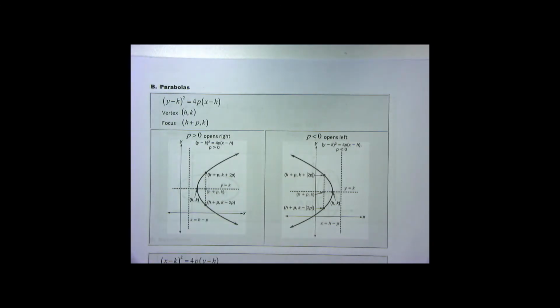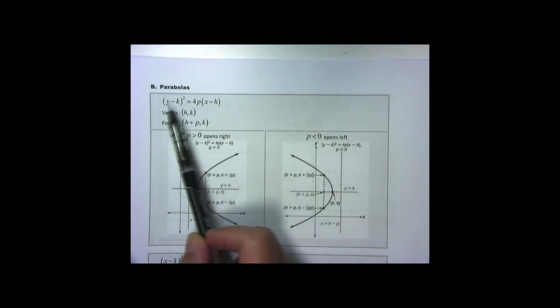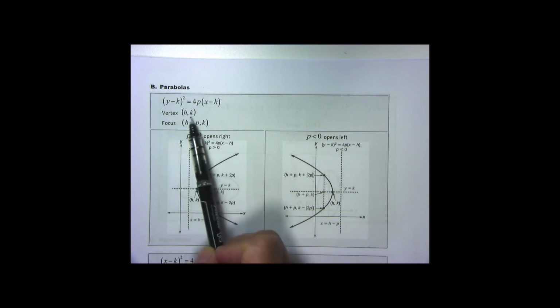All right, so for parabolas, remember the standard form of a parabola, y squared equal to 4 times p times x. But now we're going to subtract h, k off of the x and off of the y. So the new vertex then will be located at the point h, k. So again, think of this in reverse.